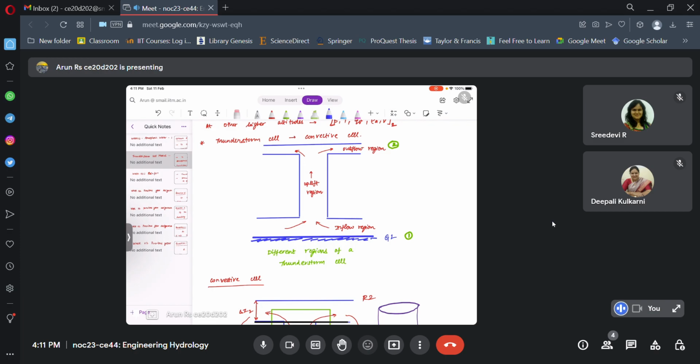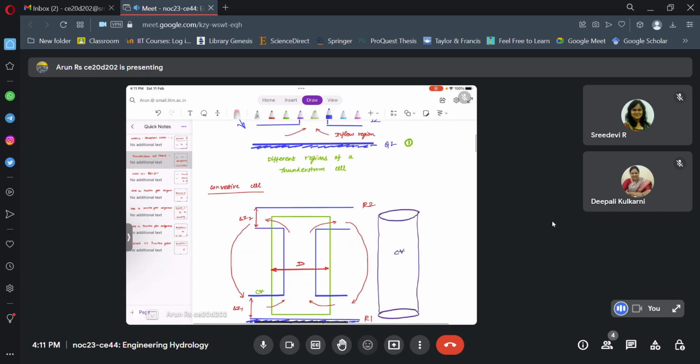And then after the precipitation, the rest of the air flows out of this region as dry air, and again it goes into a kind of loop, and it goes on for continuous time. So these are the different regions.